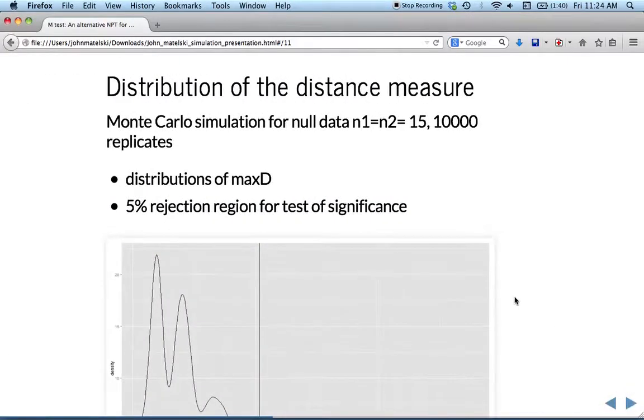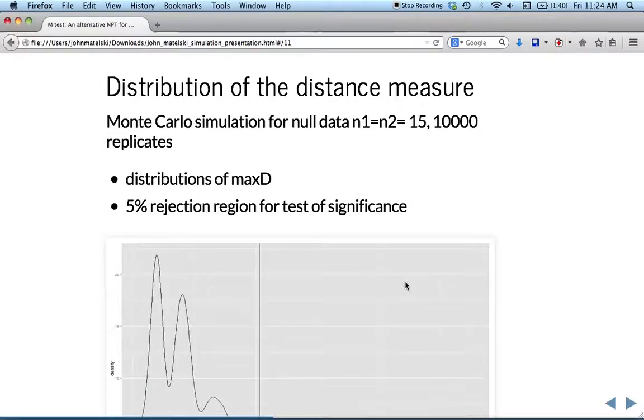Okay, this figure got a bit cut off, which is sad, but basically to simulate what those maximum distances are, if you did this repetitively, I used Monte Carlo simulation. So my data is 15 and 15, and what I show here is that you do get an interesting sampling distribution of those distances, and there's a tail area down here that you can't see that represents the top 5%.